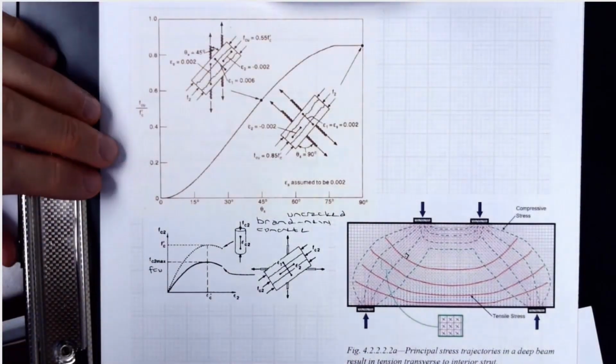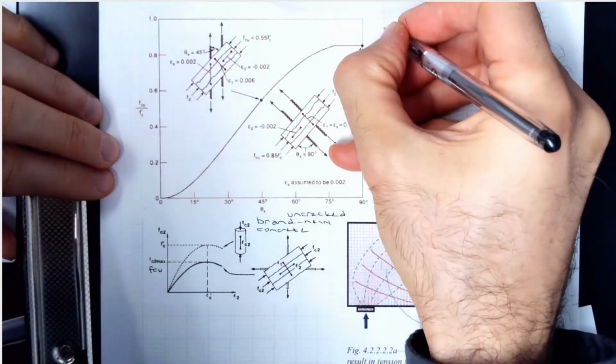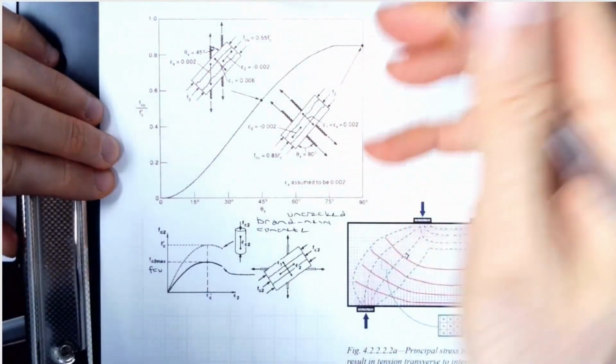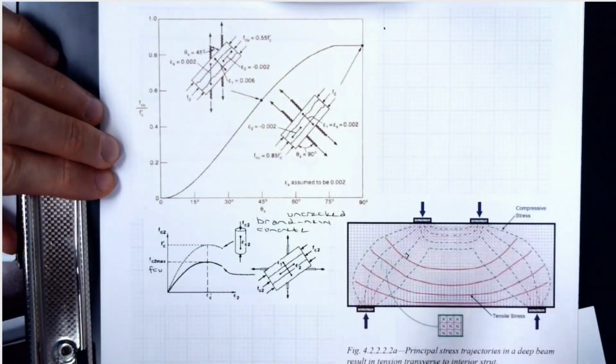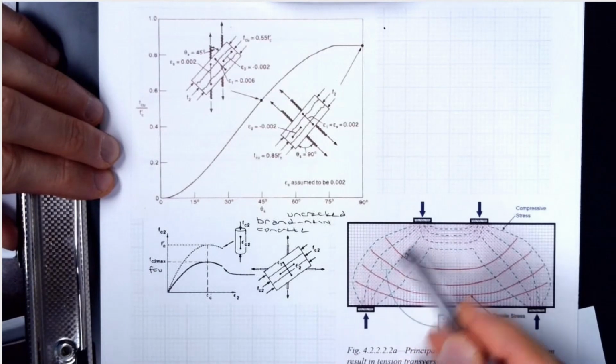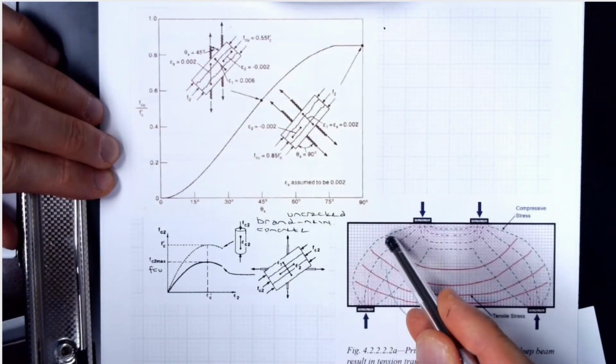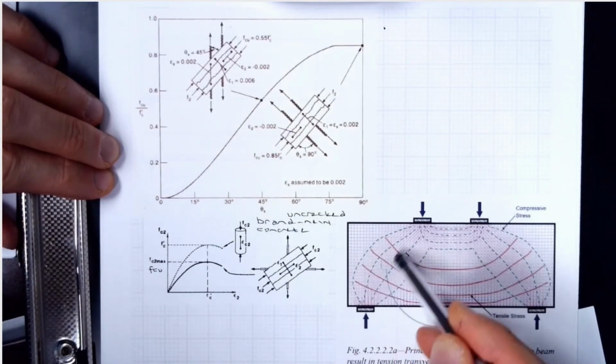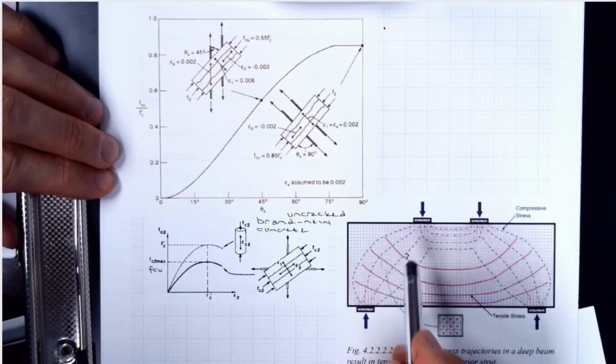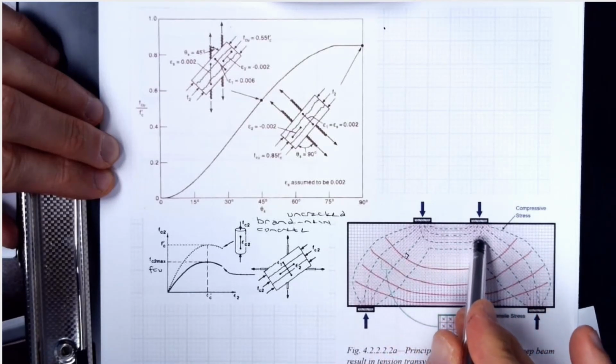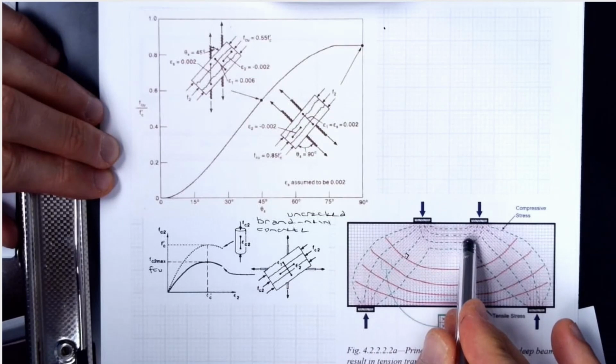So the best case situation would be a strut not crossed by any tie. This diagonal strut does not qualify, because this diagonal strut is crossed by a tie. You can see the tension stress field, but there is a strut at the top which is not crossed by any tie.